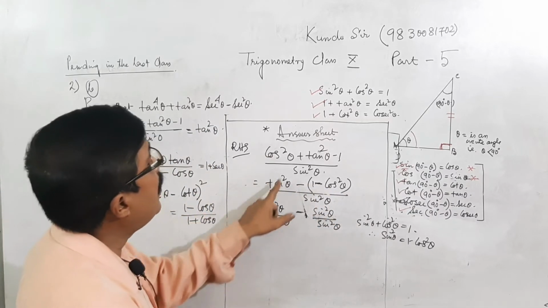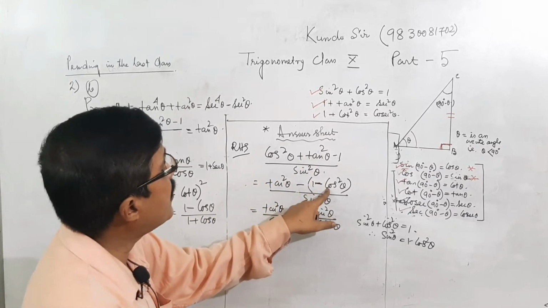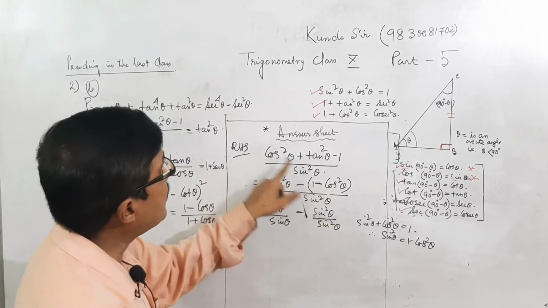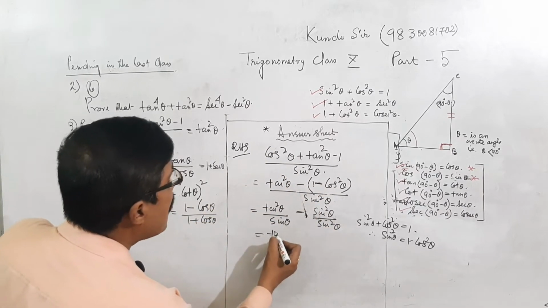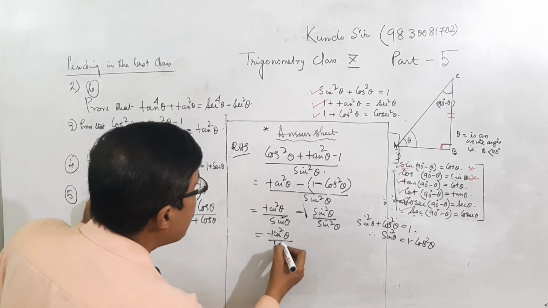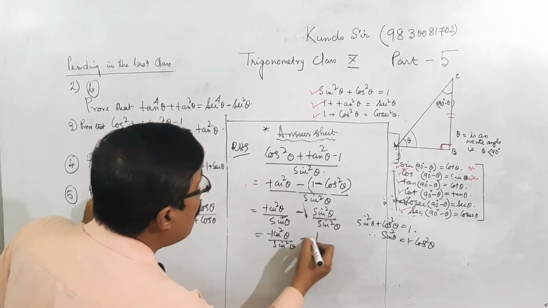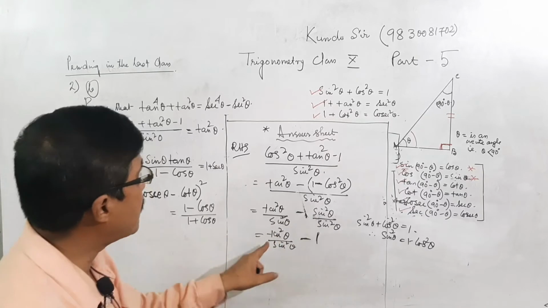First of all, tan square theta minus 1 within the bracket, because the net result is the same. So we are getting tan square theta by sin square theta minus sin square theta by sin square theta.